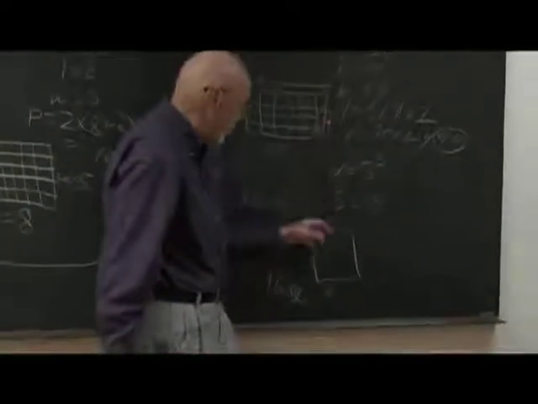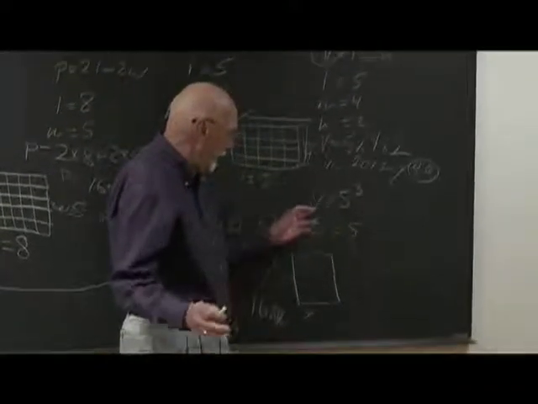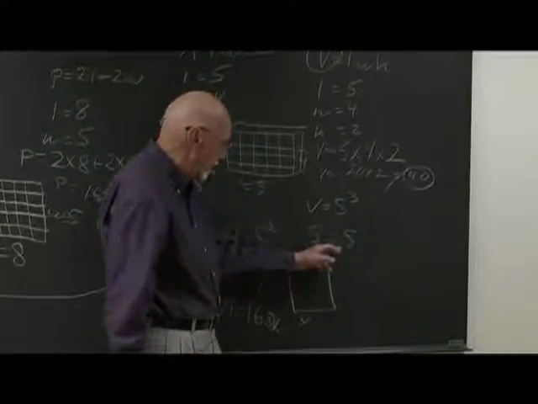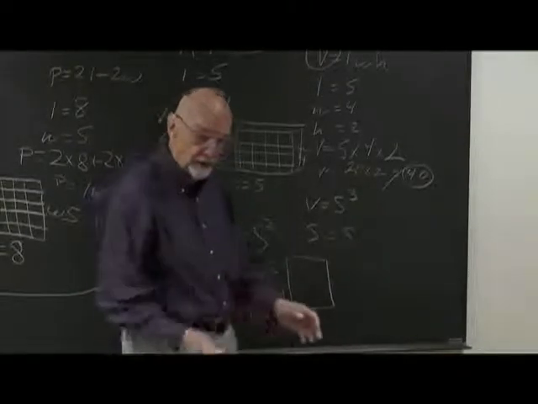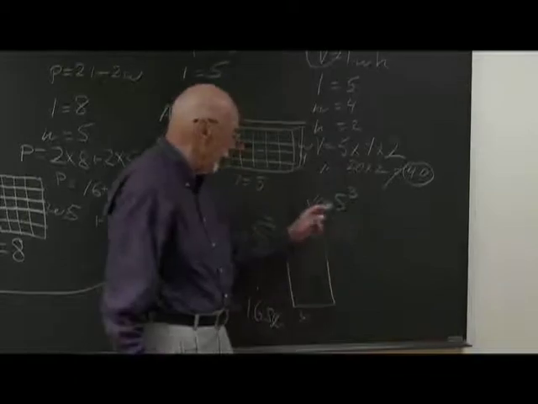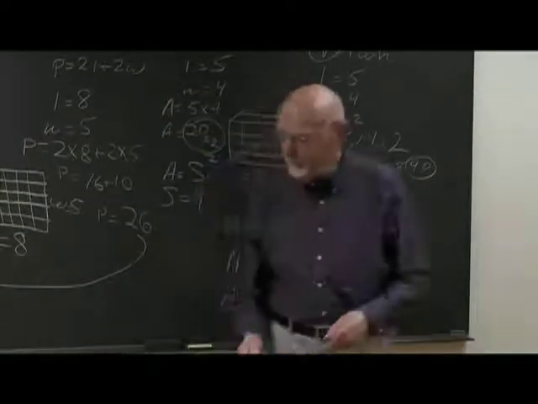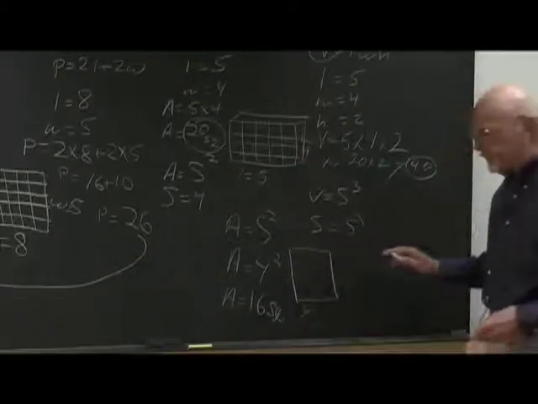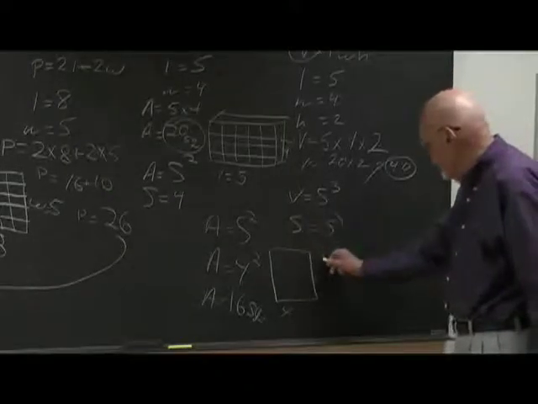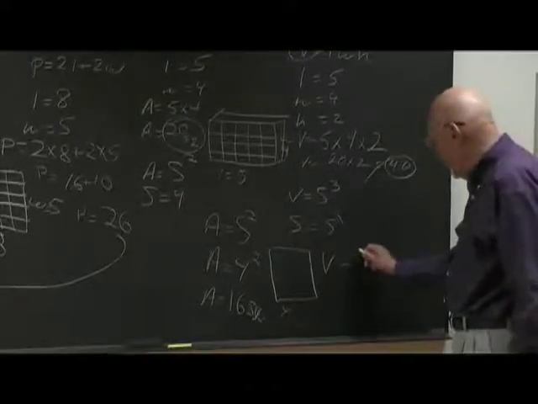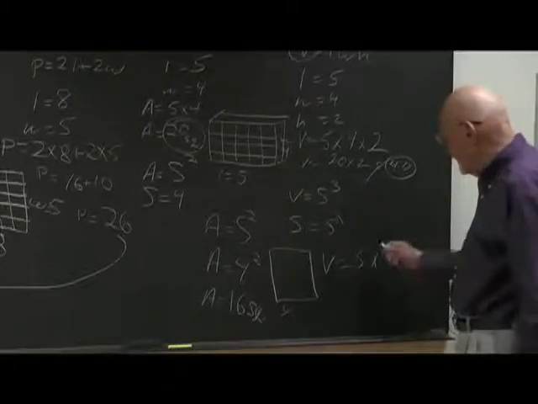With volume, this is a container that has sides of 5 feet in every direction. Length, width, and height are all 5 feet. One little mark means feet. 2 little marks mean inches. So with this, volume equals 5 times 5 times 5.